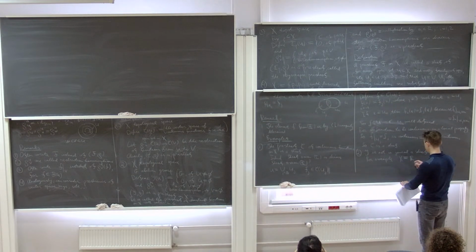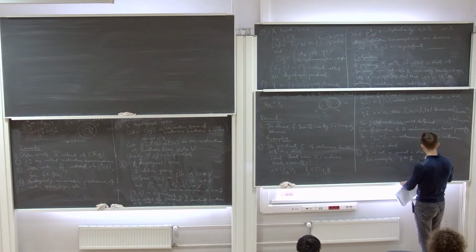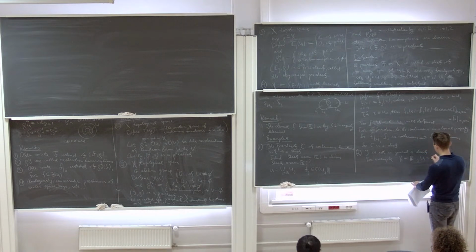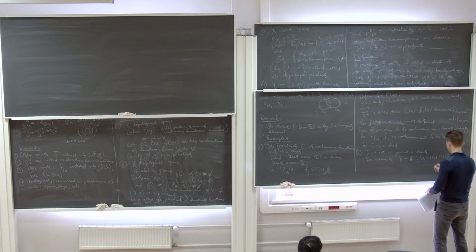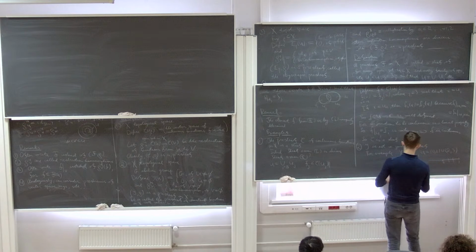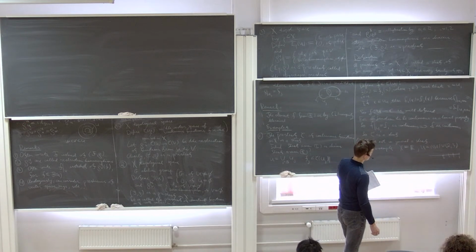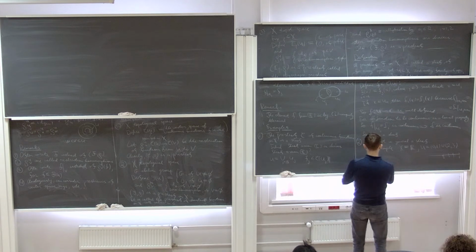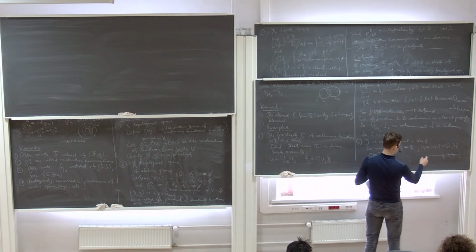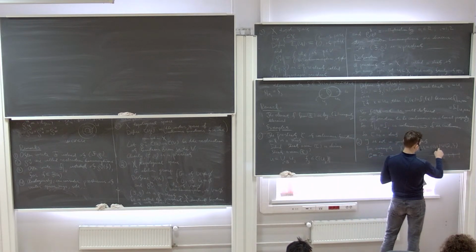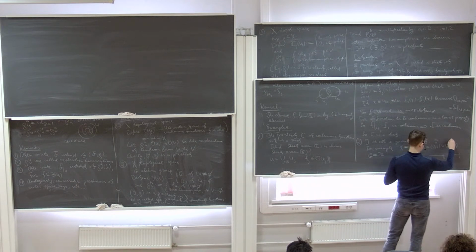For example, you take X equal to R, and then you take U equal to the union of two intervals, (0,1) union (2,3). Then you take G equal to Z, and you say that the interval (0,1) is U1 and this is U2.